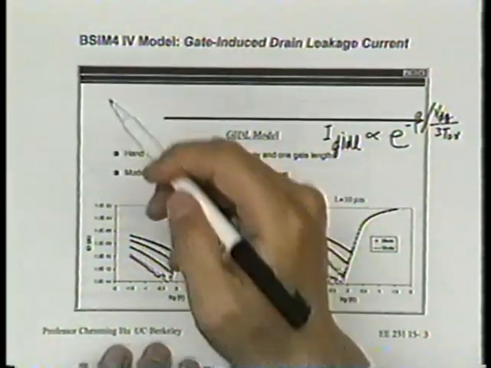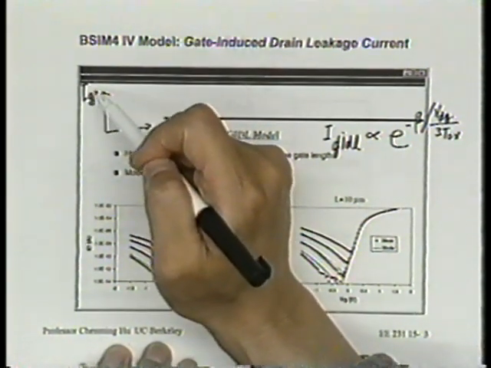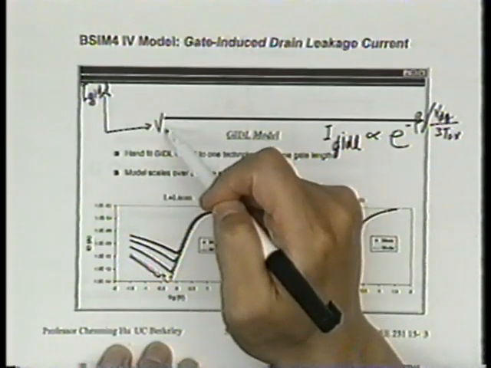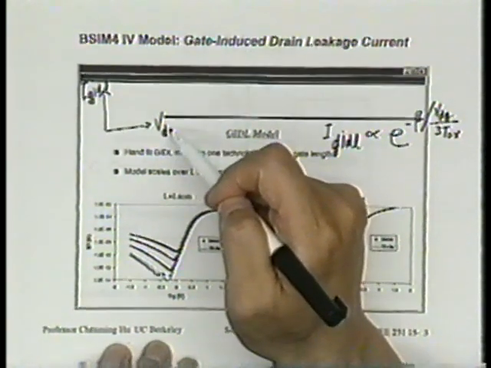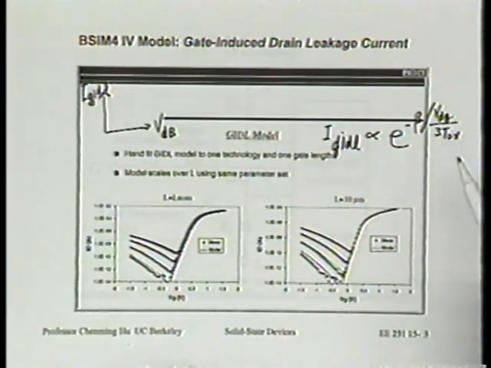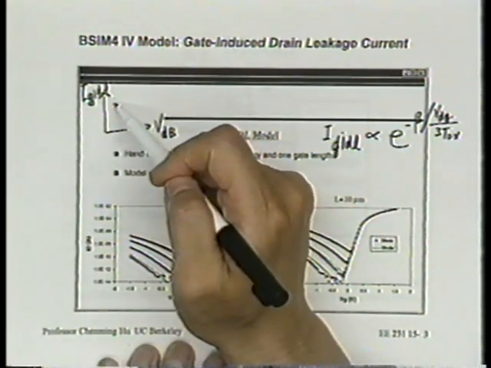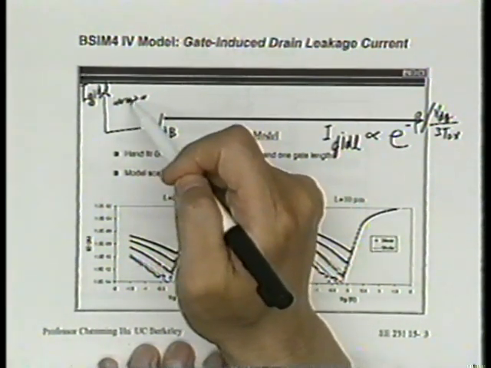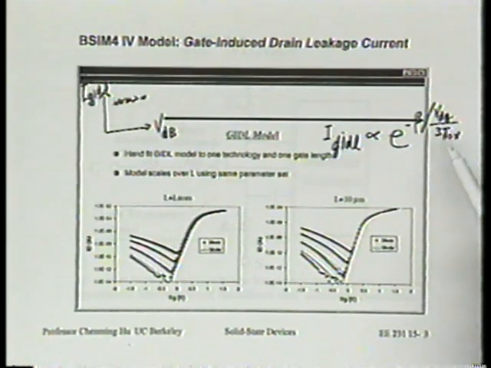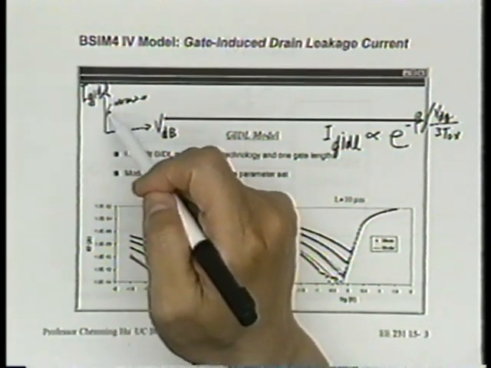So the data certainly says that if we plot this GIDL current against VDB, fixing VGD and changing VDB, when VDB is large, it's independent of VDB. That is why in the model that we presented in the textbook and in the notes, we didn't include the body bias, because it's not considered a big problem. But when VDB is small, eventually this will drop to 0.